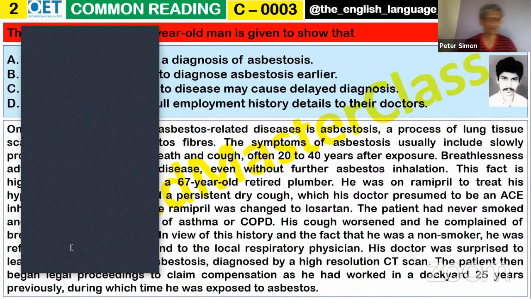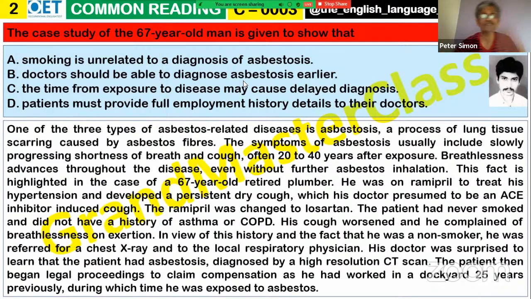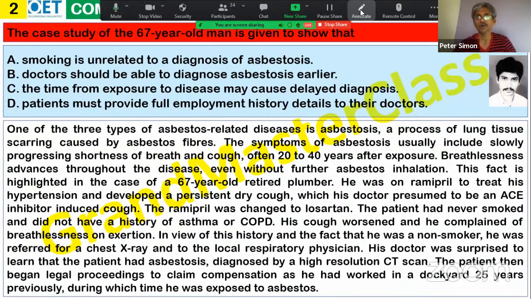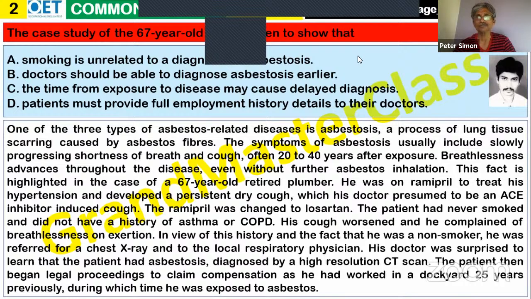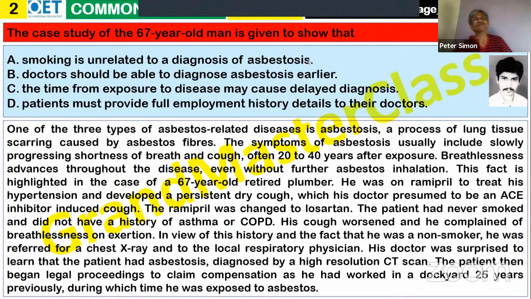Right. Next one. Now here, let us try to understand this question carefully in a logical manner. Now here, the case study of the 67-year-old man is given to show what? Something is something.